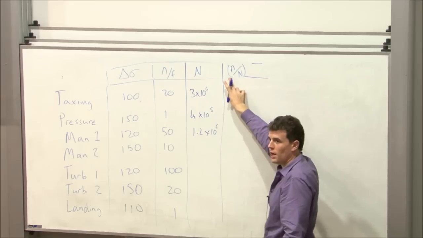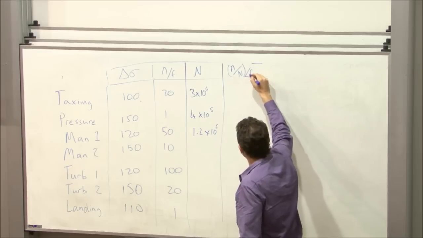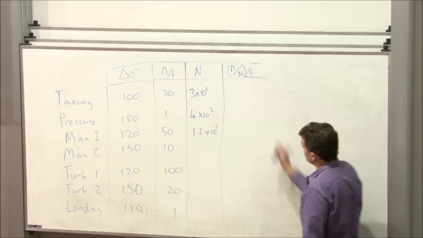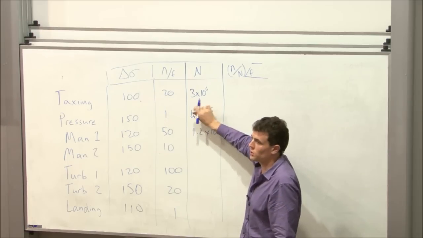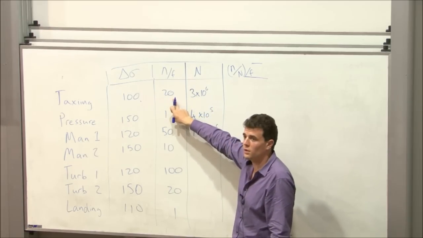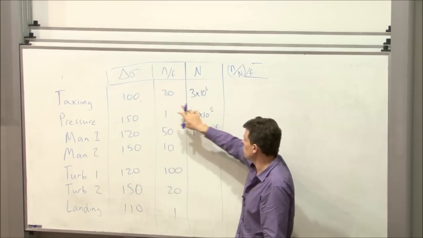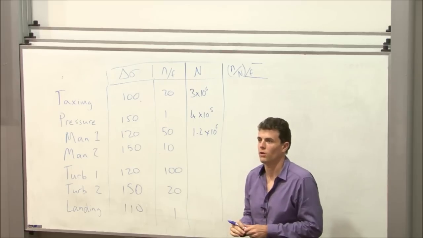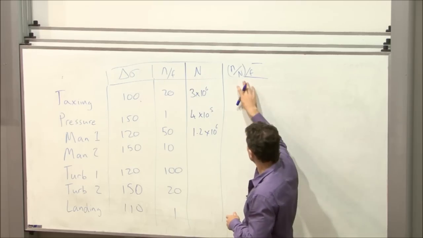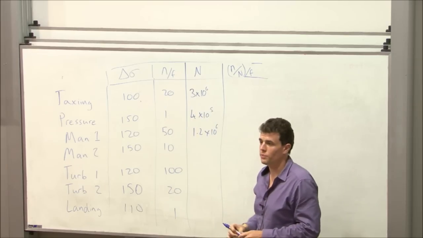That gives us a fraction of the life that we're using per flight. If you rearrange these, basically it's this column divided by this column. So if we've got 20 cycles in one flight and it can take 3 million, then in each flight we're using 20 over 3 million worth of the aircraft's lifetime. Okay, so you can populate this column by that column divided by that column.